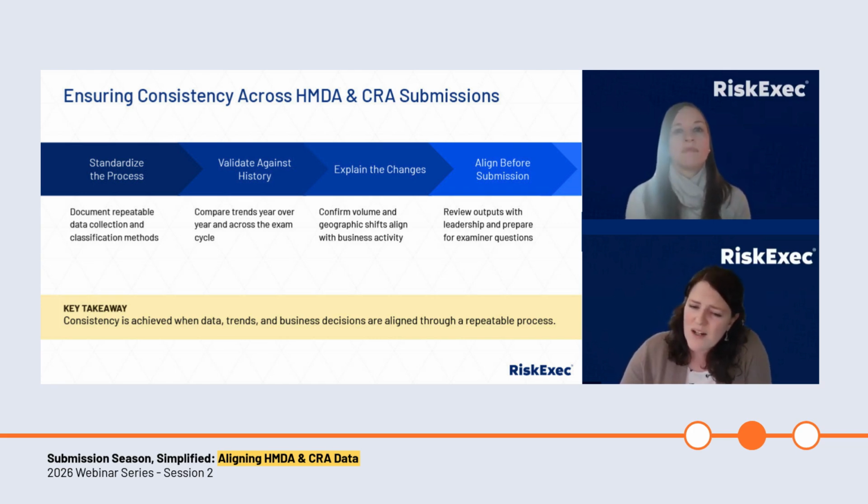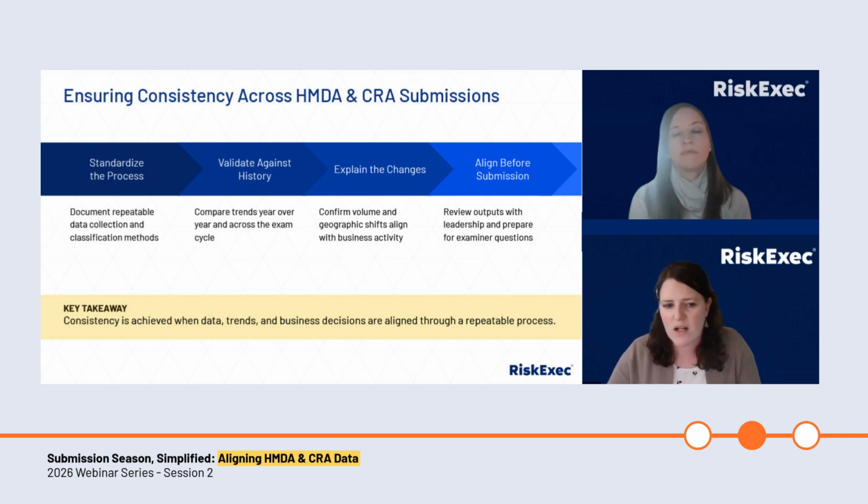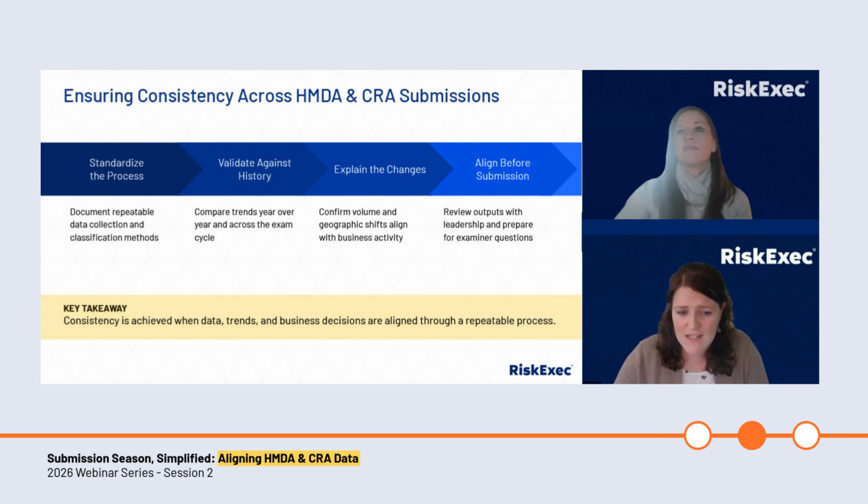Some of the important areas to really focus in on, and we touched on these a little bit in part one: loan location methodology. From a CRA perspective, make sure the address you are using is consistent and that you're mapping and attributing loans consistently across your geographies. If you do make a change to your methodology or approach, make sure you are documenting those differences.